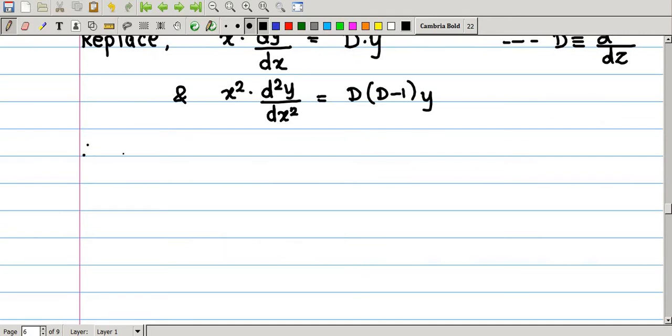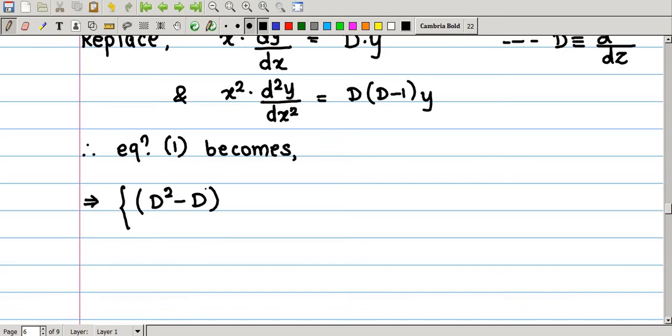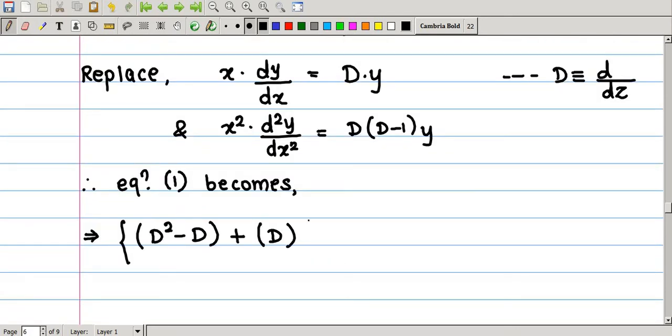Now, after substituting these two terms in equation number 1, equation number 1 reduces to, for the first term, D into D minus 1, that is D square minus D, plus D, into y is equal to a times e raised to 2z, as we substitute x equal to e raised to z, so x square becomes e raised to 2z, plus b times e raised to 2z into z.